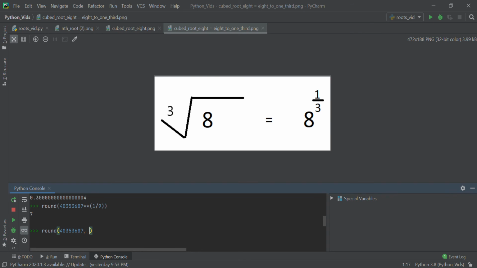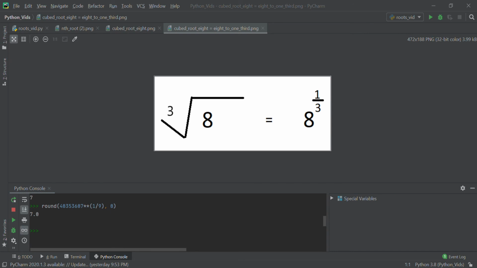But if you do this expression and then comma and then, this particular example doesn't really matter which second number you put in here because it's going to be a 0.0 anyway, but just put a 0 at the end and you see 7.0, and that gives you what you would have gotten if the math.sqrt function hadn't had these issues with the floating point arithmetic that all computers and all computer languages have. It's not just a Python thing.